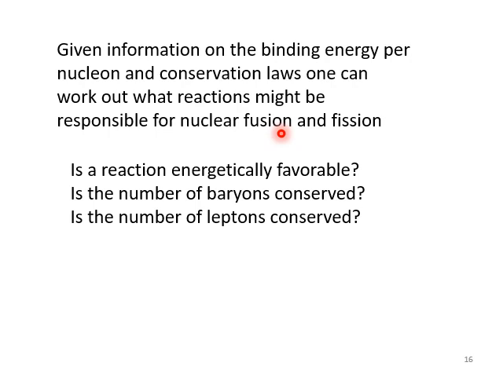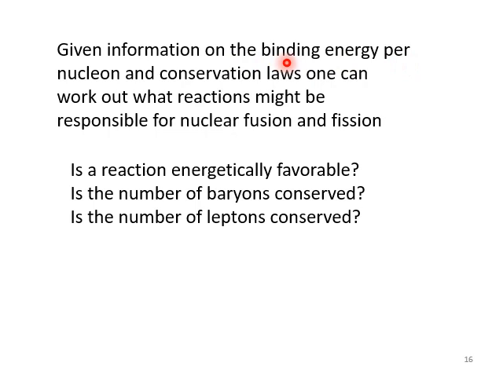We have a lot of information in the tables and in the data in the textbook that tell us about the nuclei, and we can begin to figure out what the processes are that give rise to energy release in fusion and fission.